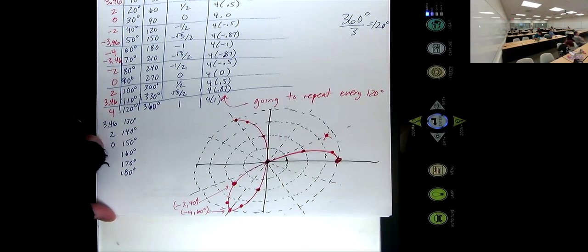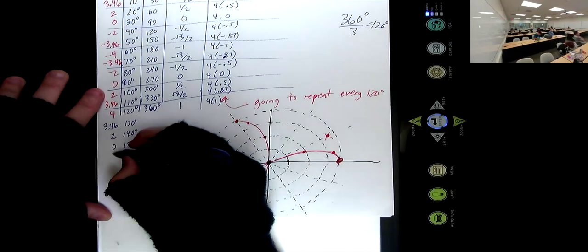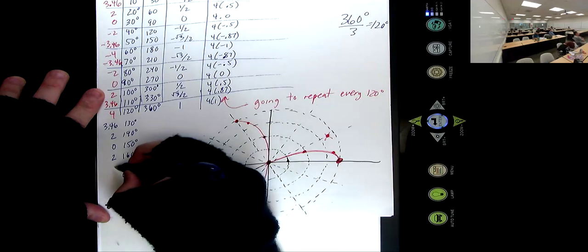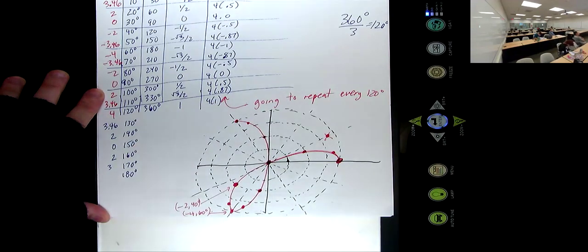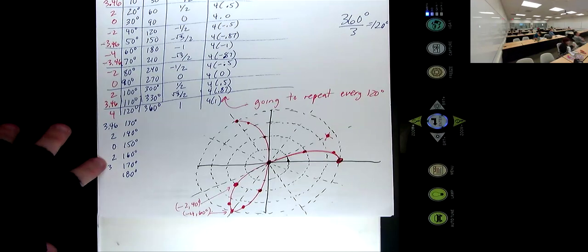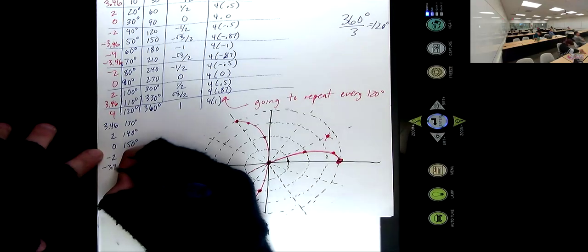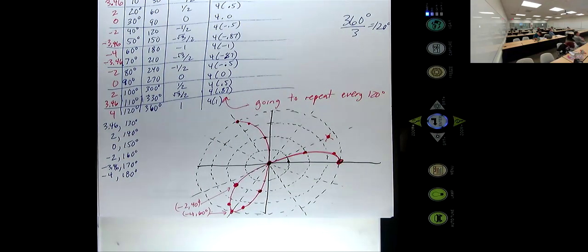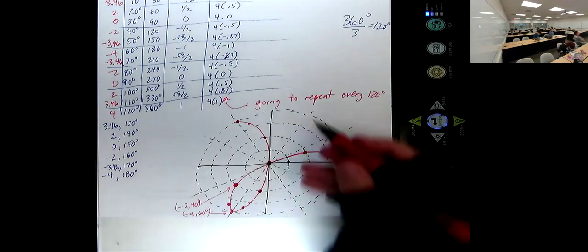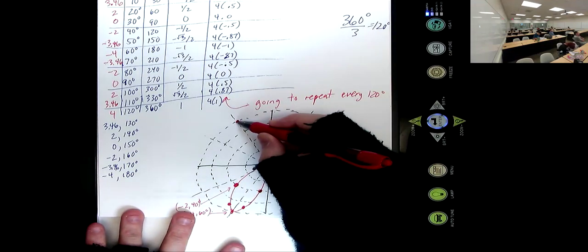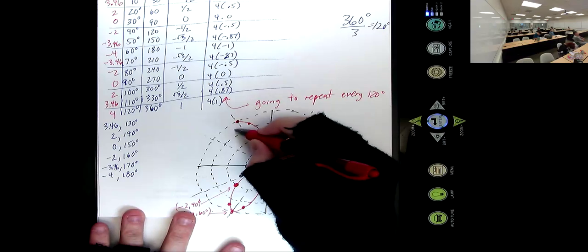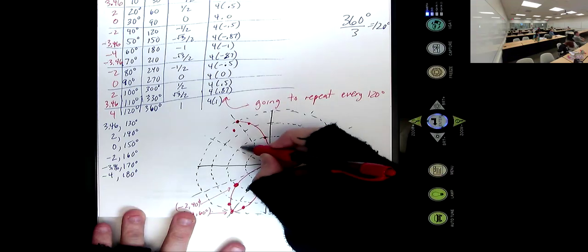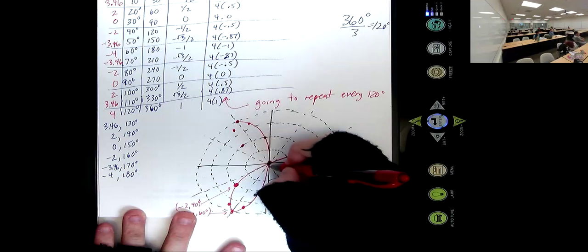And then 160 is 2, it's positive. No, negative. 130 is just a little past 120, and we're only out 3.46 or about 3.5. 140 is at 2. And 150 we're back at 0.